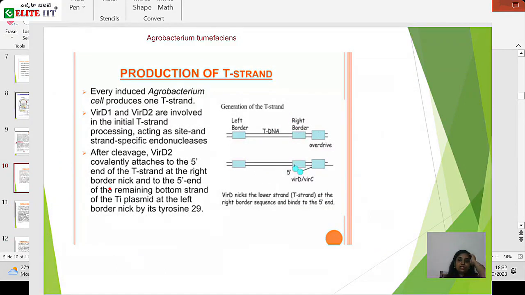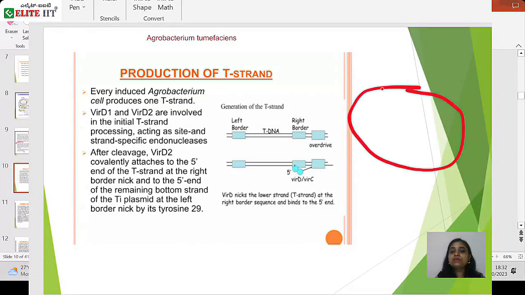Now, how the T strand is produced or separated from the Ti plasmid is given. See how it is happening. Every induced agrobacterial cell produces one T strand, from one Ti plasmid, one T strand. VirD1 and VirD2 are involved in the initial T strand processing.